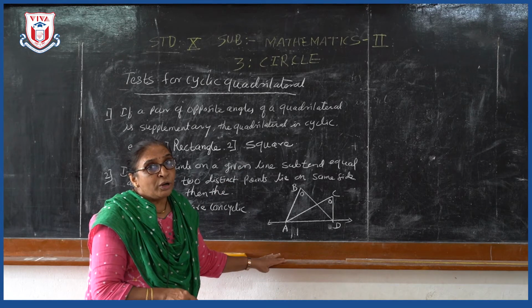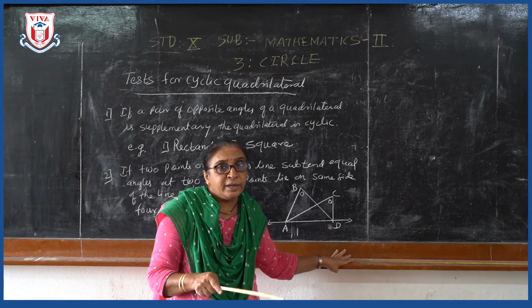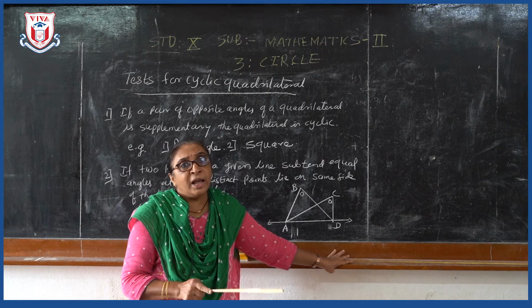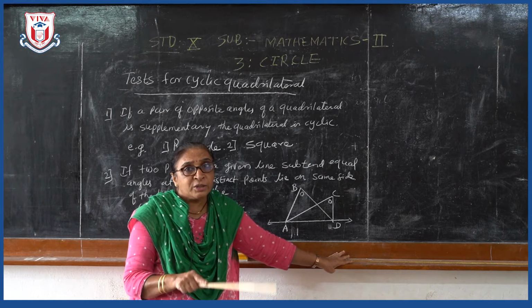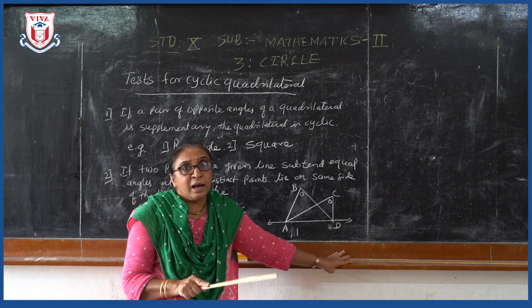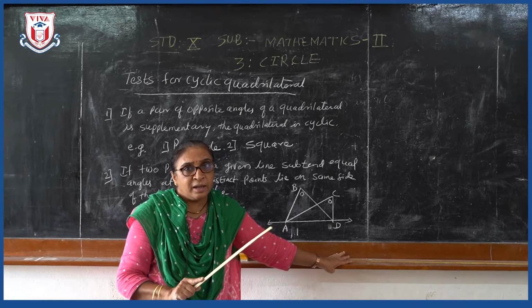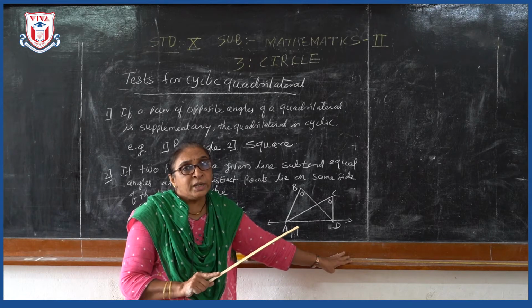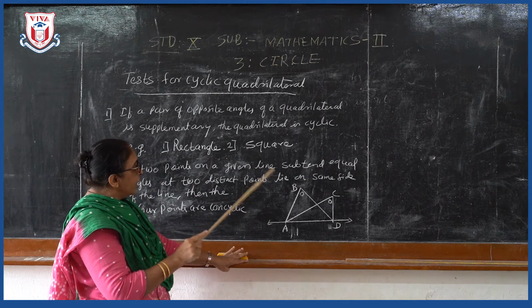And what can you say about their diameters and the center? Their center will lie on their diagonals, and the diagonals of the square and rectangle are the diameters of the circle. So, children, always remember this test for cyclic quadrilateral.